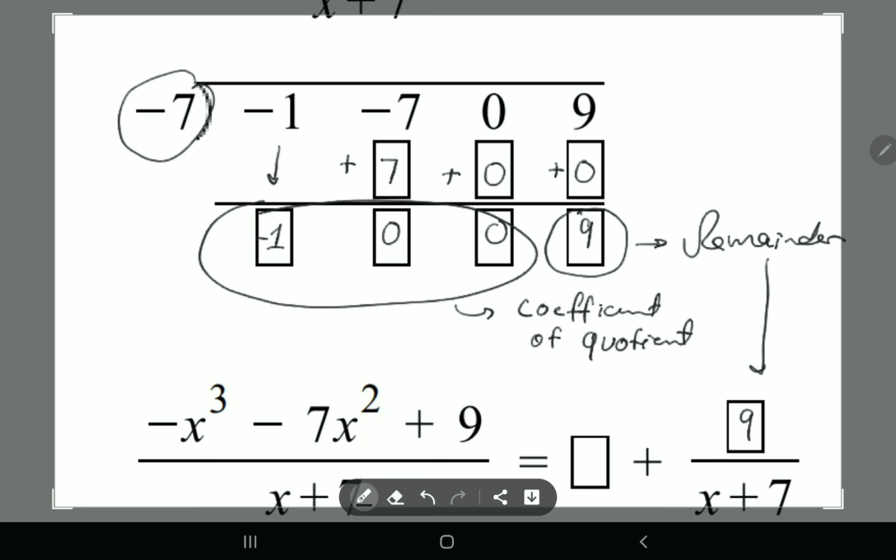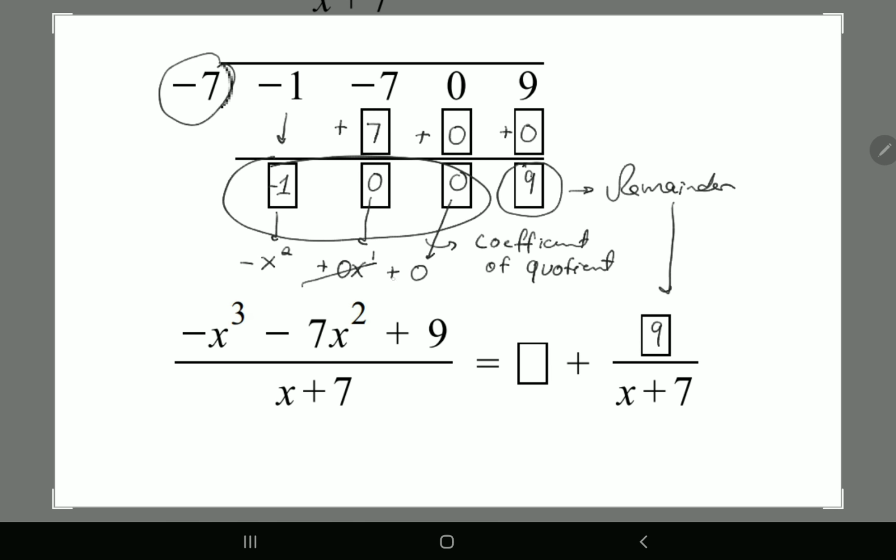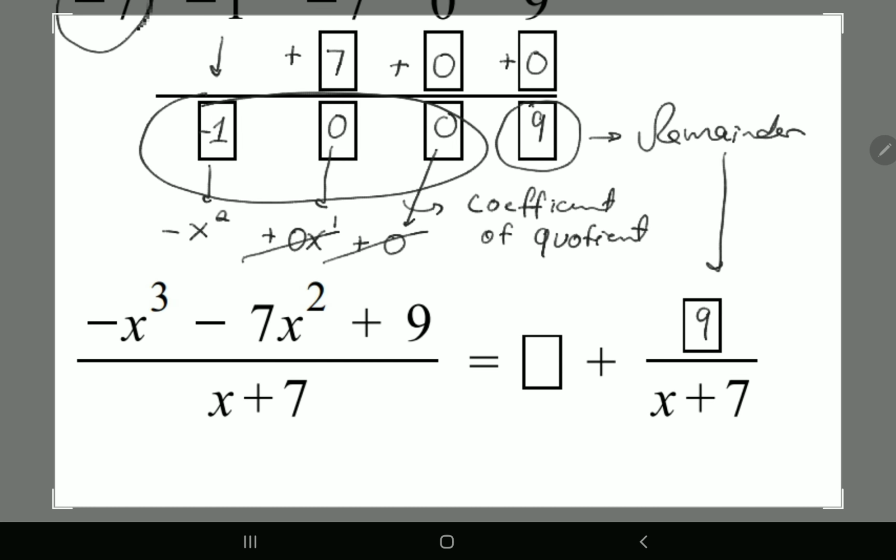This negative 1 represents negative 1x to the second power. When I do synthetic division, my quotient will be 1 power less than your dividend. My dividend had x to the third as the degree. Now my quotient has x squared. This 0 right here represents plus 0x to the first power. This 0 right here represents my constant, plus 0. So in this case, the zeros are no longer a factor. My quotient is just negative x squared, which I'm going to place inside of here.